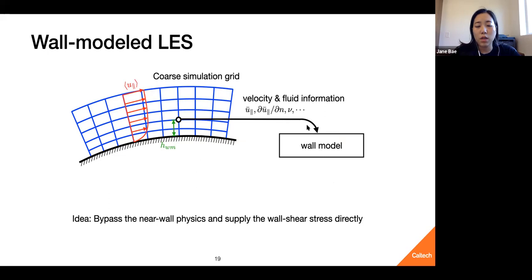Then the wall model takes that information and outputs a wall shear stress, which is then applied to the simulation as a kind of boundary condition. So the idea is that instead of resolving the near wall physics to obtain the wall shear stress directly, we bypass that near wall physics and supply the wall shear stress through a wall model that is capable of estimating it from that velocity and fluid information. So that's how wall-modeled LES works.